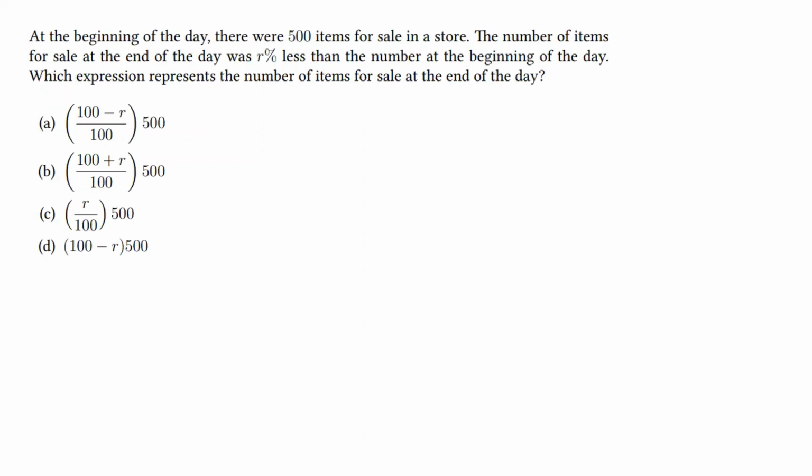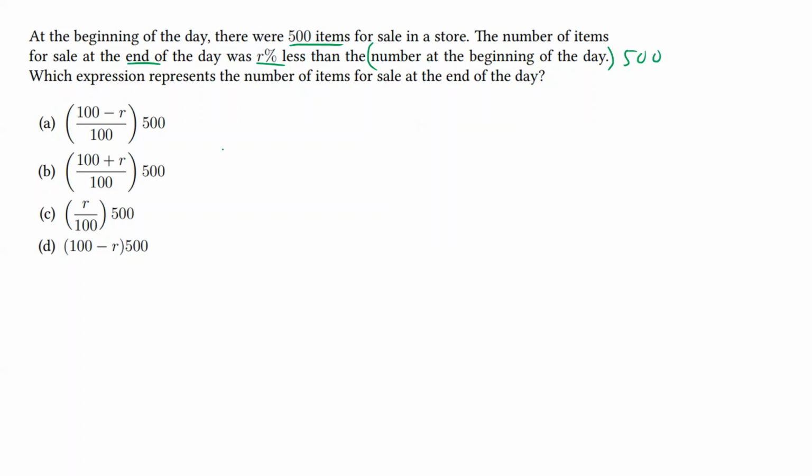At the beginning of the day, we start with 500 items for sale. The number of items at the end of the day is R% less than the number at the beginning. Since this number at the beginning is simply 500, we can think of it as R% less than 500.